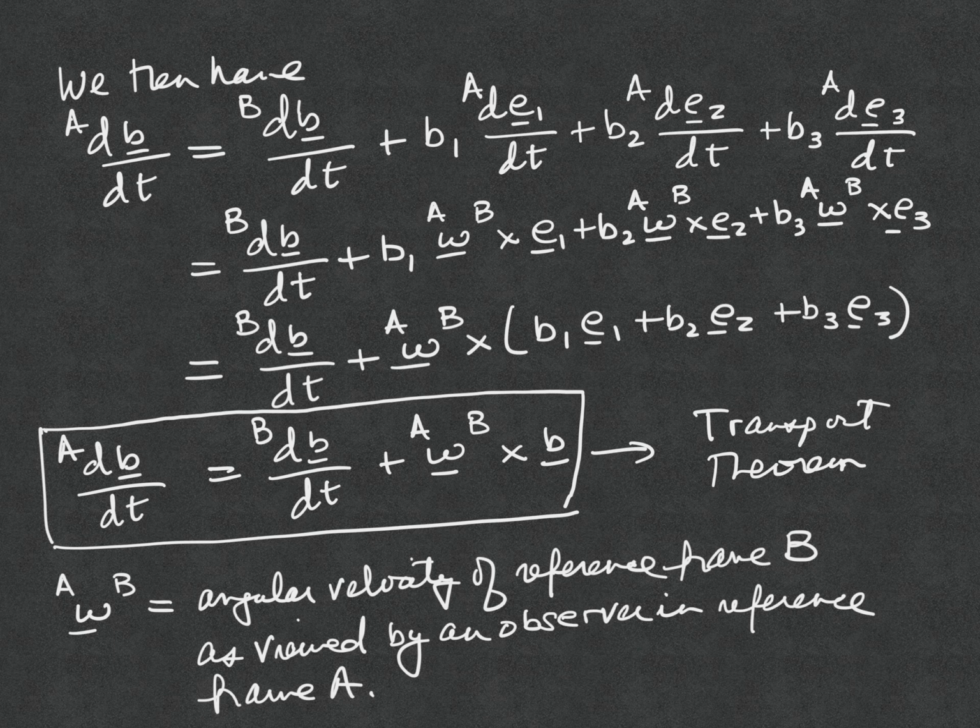In other words, if I know how reference frame B rotates relative to reference frame A, and I know how the vector B is changing in reference frame B, then I can determine how the vector changes in reference frame A. And that is the starting point for being able to do kinematics between reference frames, because in general, you won't have just one reference frame in order to make your calculations convenient. You're going to have multiple frames, and they're going to be rotating relative to one another.